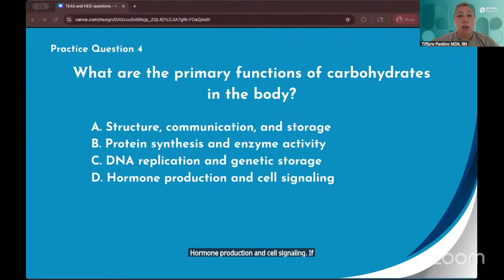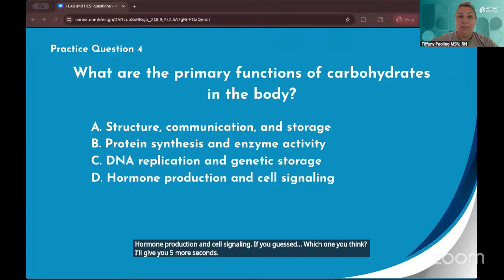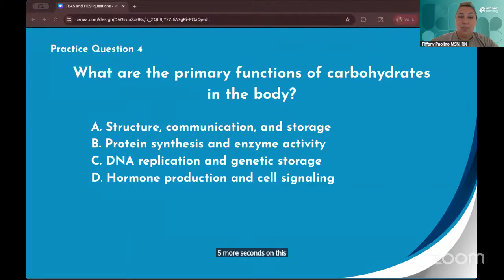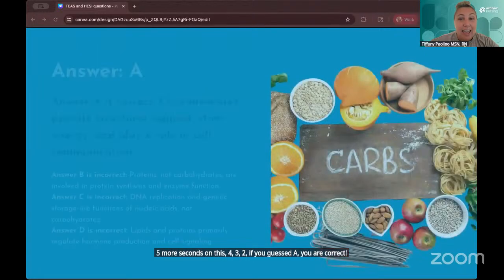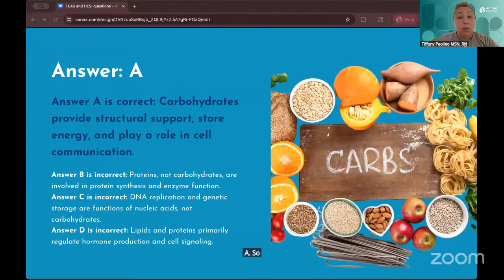If you guessed which one you think, I'll give you 5 more seconds. 4, 3, 2. If you guessed A, you are correct. So, carbohydrates are essential. First, they provide structure and support, which is crucial for maintaining the integrity of cells and tissues.